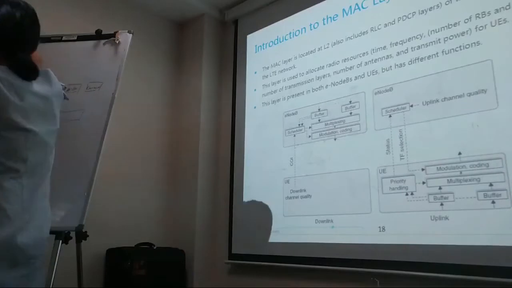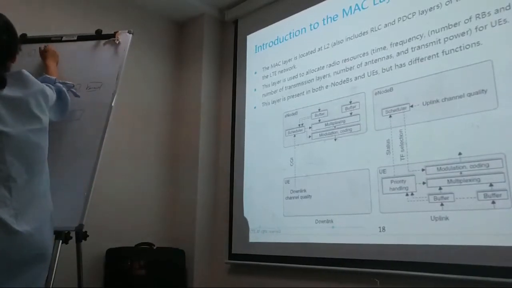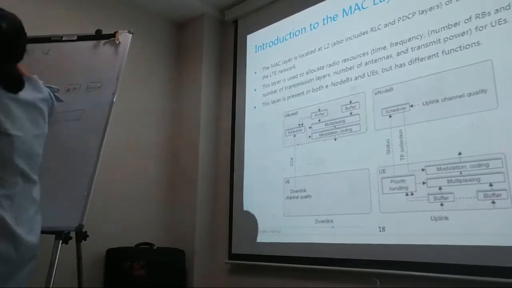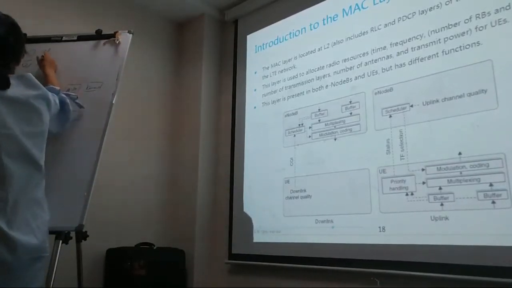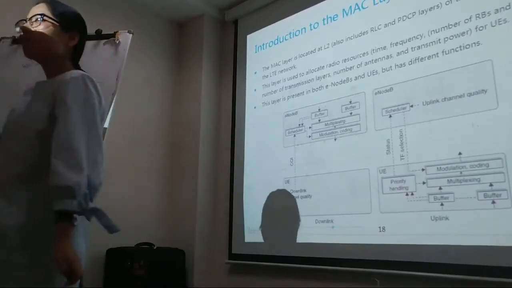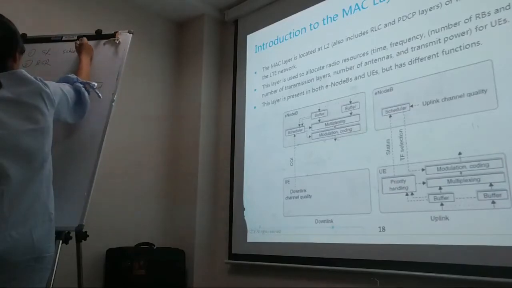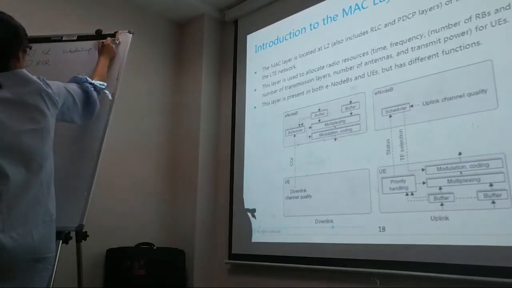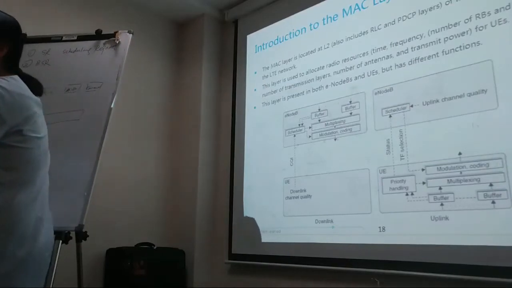That means for the uplink, when the UE transmits information, it has two steps. First, it will transmit one SR, and then it will transmit a BSR. The SR is the scheduling request.